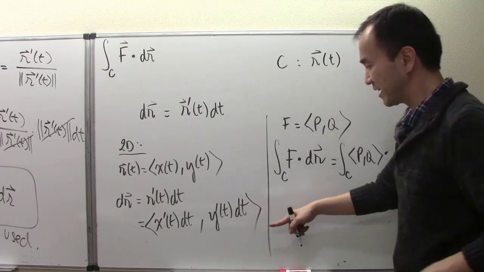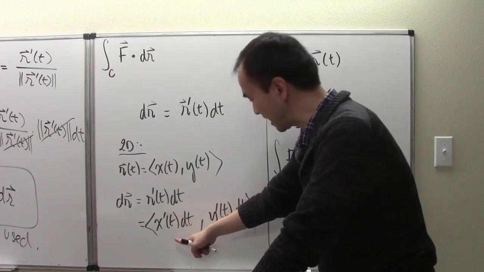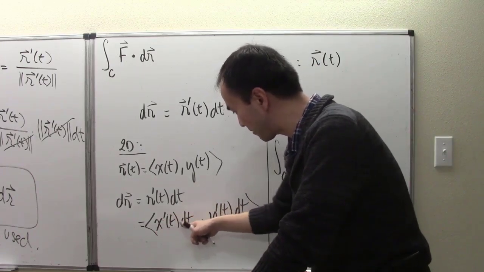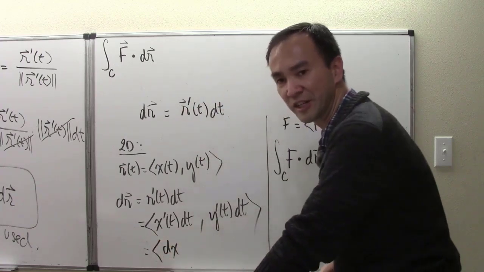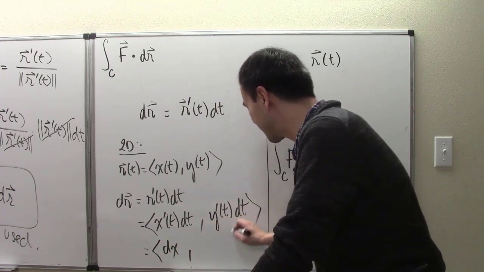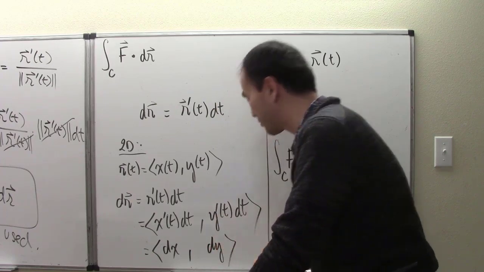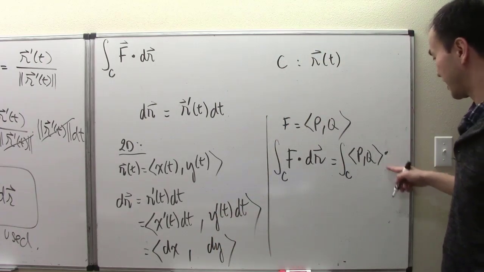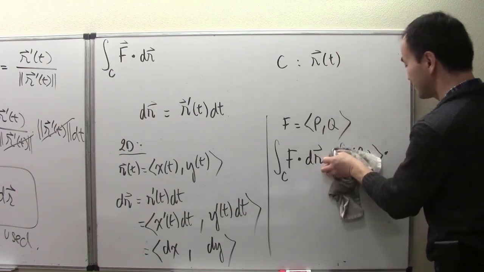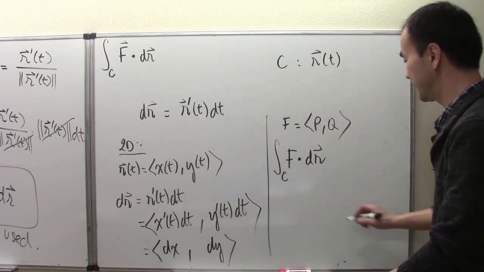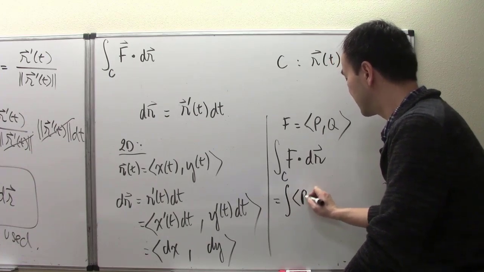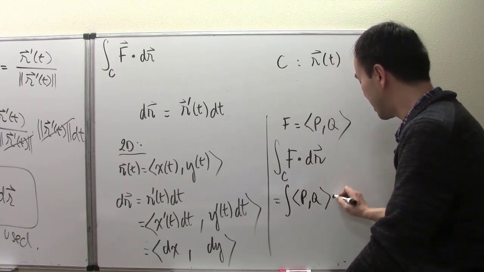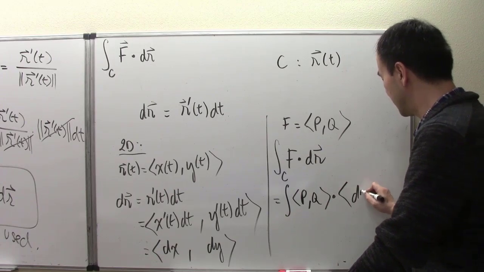I should have also added one more step: the x prime dt is the same as dx, the first component in our dr, and this is the same as a dy differential. So it's the same as the integral of p comma q dotted with the vector dx comma dy.